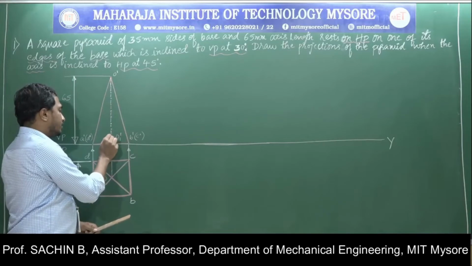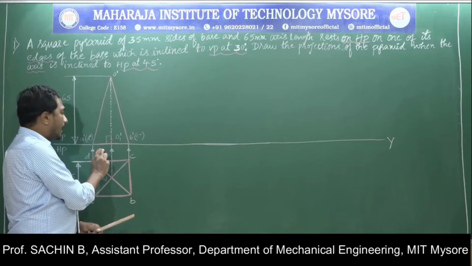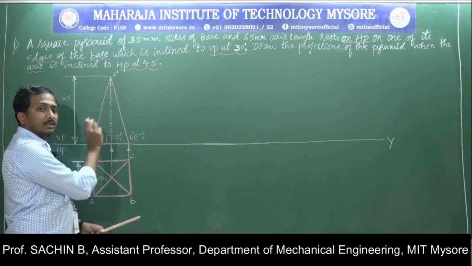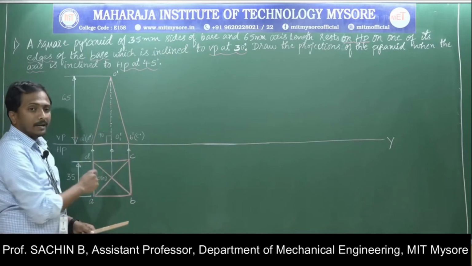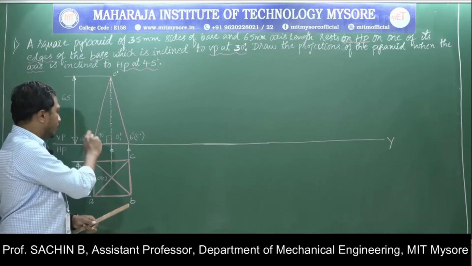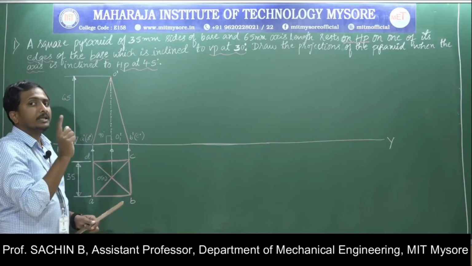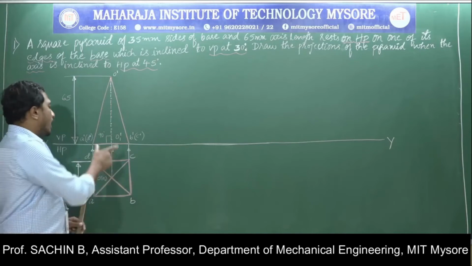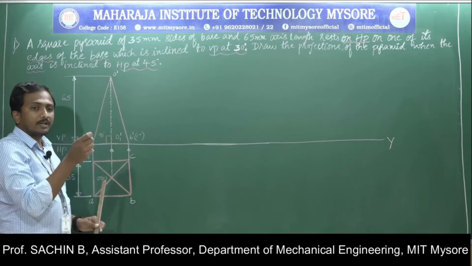Here the axis of the solid is at an angle of 90 degrees to the base edge of the solid. You can clearly observe this is a vertical line which is inclined at 90 degrees. But the question asks for the axis to be inclined at 45 degrees. To overcome this issue, I am going to rotate the base first to an angle of 45 degrees.